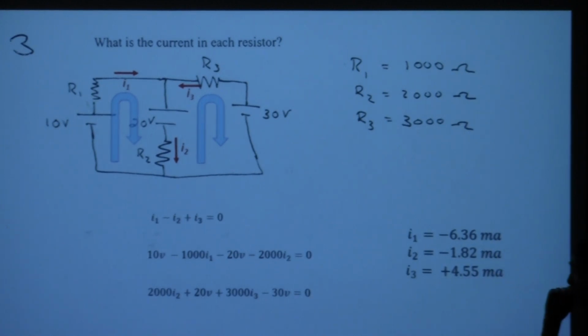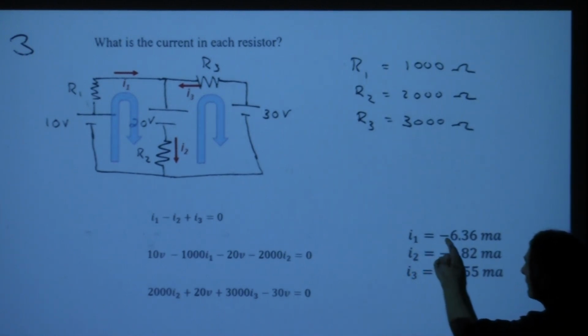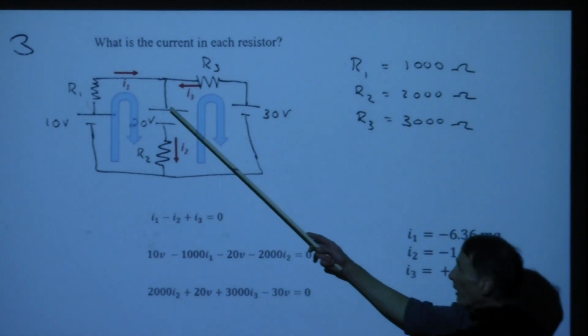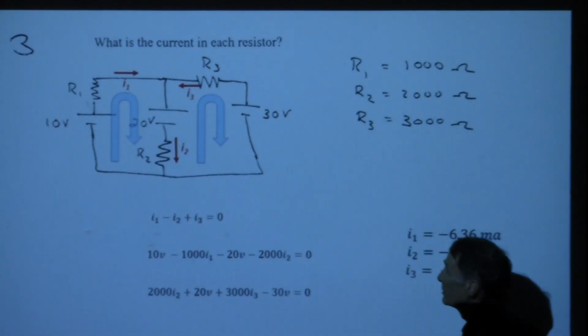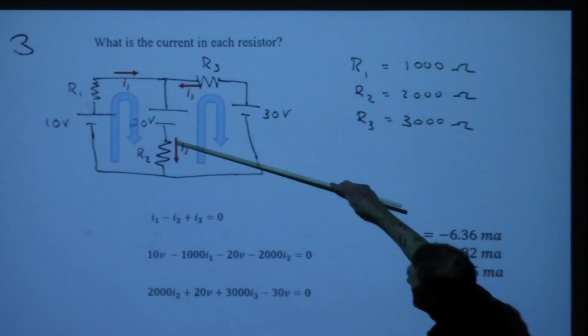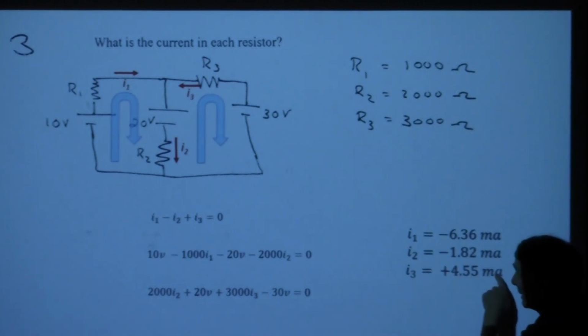Now look at the results that I got. I guessed wrong on I1. I come up algebraically with a negative. What does that tell me about the direction of I1? It's going the other direction. Same thing with I2. That's coming back out the other way. I3 is in the direction I indicated, and so that's positive.